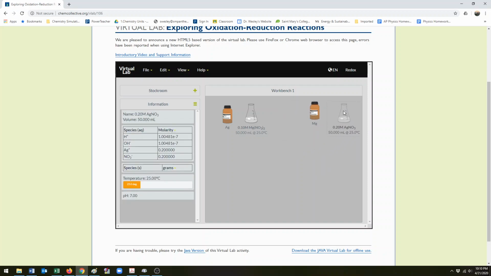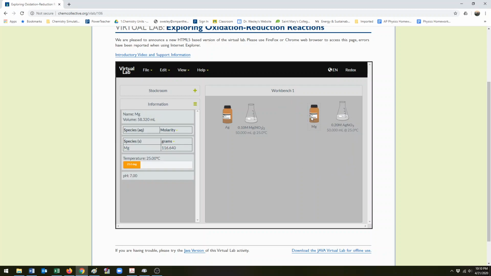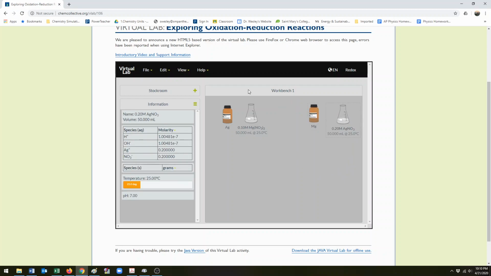So the trick is, on the left-hand side, we've got neutral metal and positive magnesium ions, so neutral silver and positive magnesium. And then over here we've got neutral magnesium and positive silver. Those are very much like the two reactions that we're looking at right here.